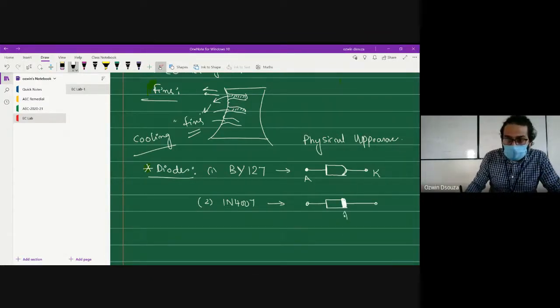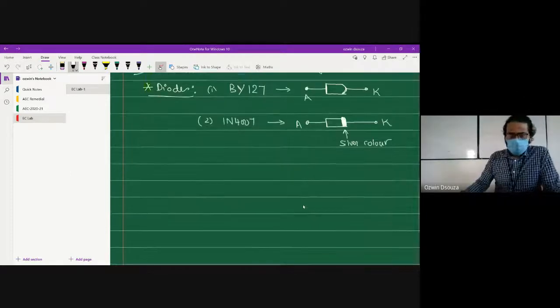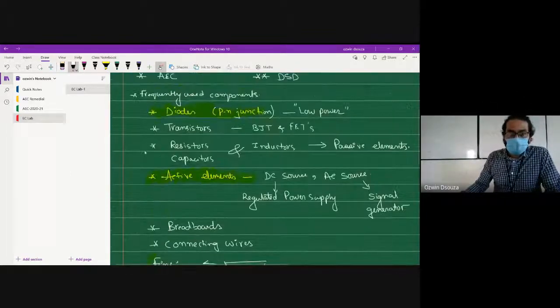So, I'll write silver color. The colored ring indicates the cathode terminal, and the non-colored portion indicates the anode terminal. All right, so that's your diode. Okay, so diode is done.